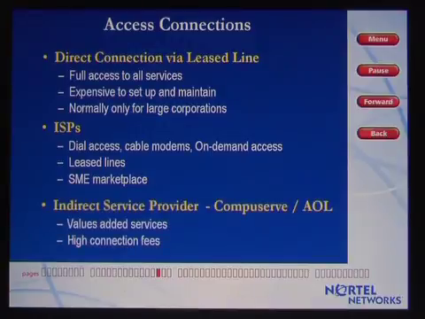Another method, becoming less popular, is access via content providers like CompuServe and AOL. These providers normally provide content along with gateways to the Internet, so charges tend to be high when compared to ISPs like FreeServe. Having looked at the generic methods of connection, let's take a look at how the most common physical connection is made using remote access.